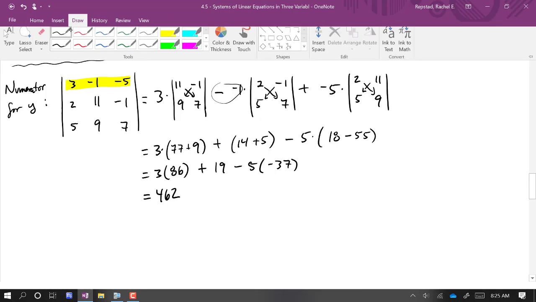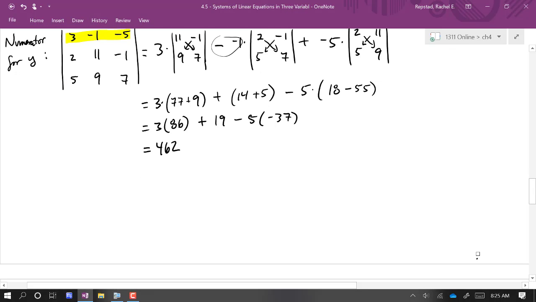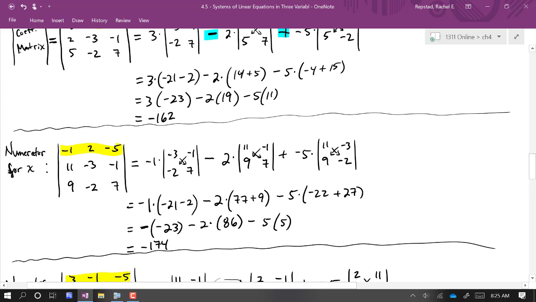Alright, so we've got all the determinants that we're going to need to find here. For our value for x, that numerator was negative 174, and the coefficient matrix determinant, which is everyone's denominator, is negative 162.